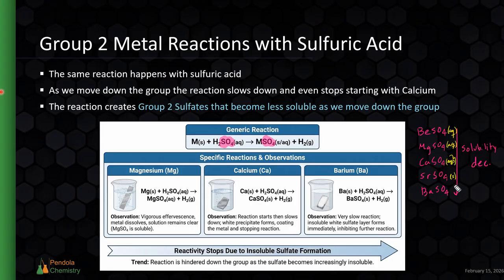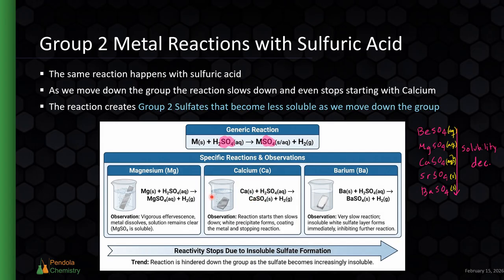Strontium sulfate and barium sulfate are solids. They don't become very soluble at all. And so with magnesium and beryllium, the reaction just happens. With calcium, it starts to happen. The reaction starts, but then slows down because the metal gets covered in this calcium sulfate precipitate.